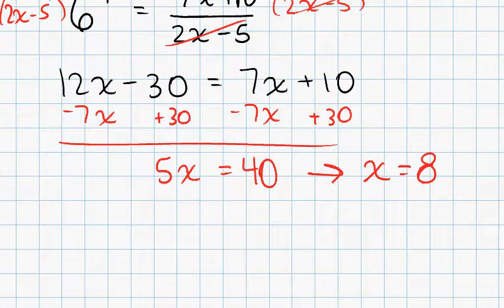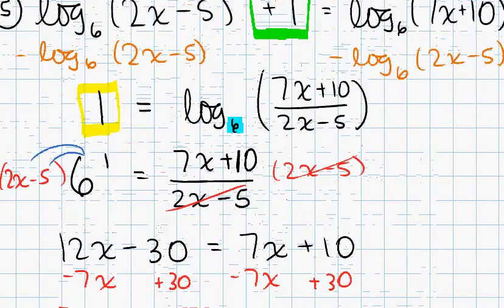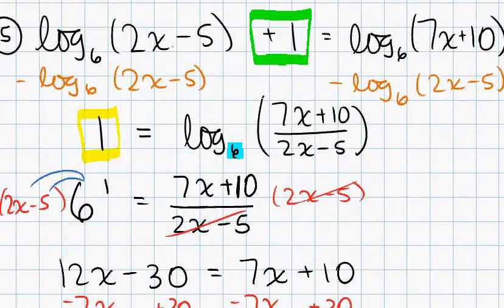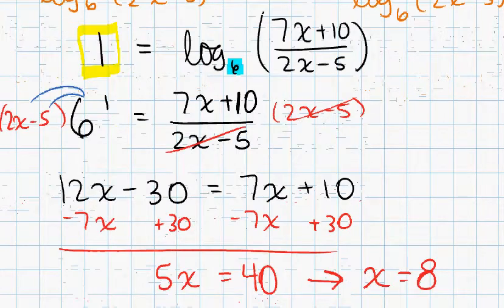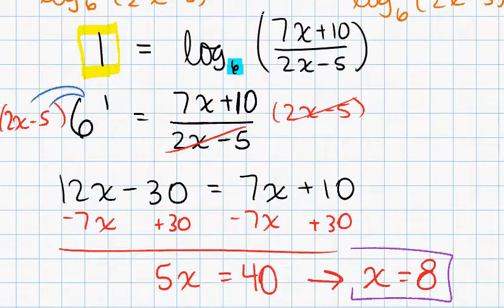Again, check your answer. So x equals 8. If you plug 8 into the first logarithm, you get 16 minus 5, 11. It's positive, you're good. If you plug 8 into the second logarithm, you get 56 plus 10, 66. Again, it's positive, so it's good. The answer is x equals 8.